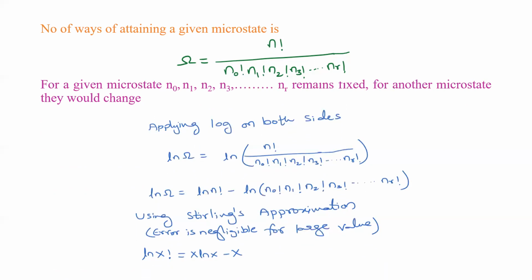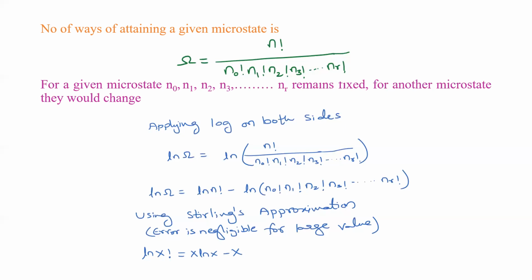Now when we apply log on both sides of the above equation, we end up getting this logarithmic relationship. ln of a by b is ln a minus ln b, and here we use Stirling's approximation.